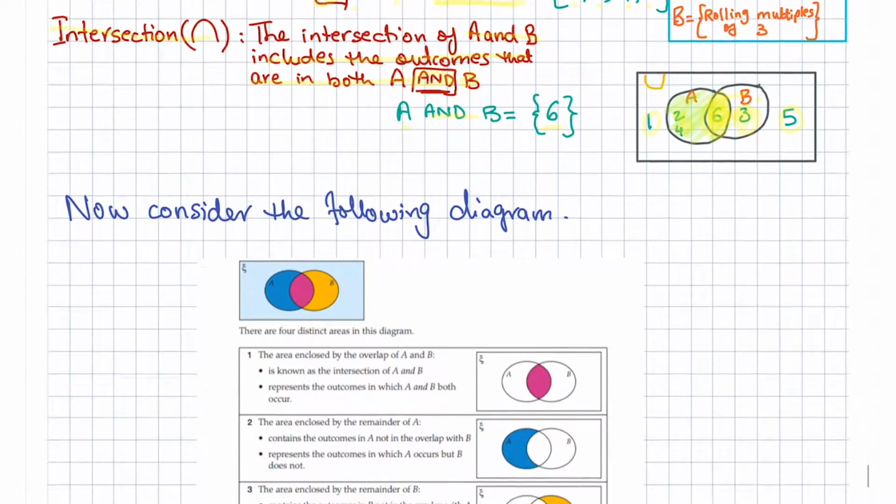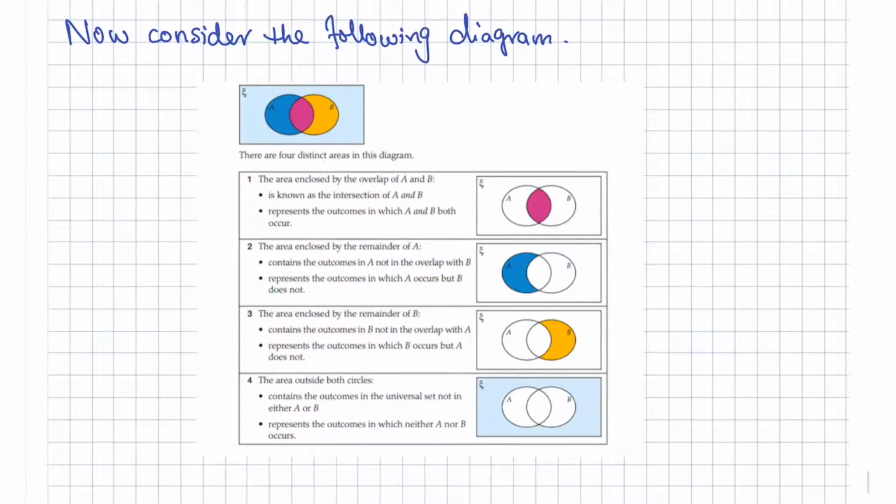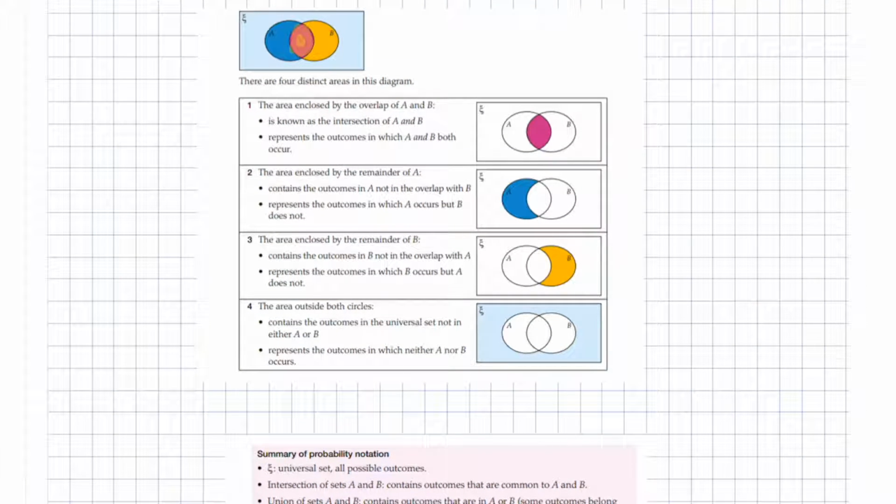So let's consider the following diagram. In this diagram, you have a sample space zeta, and you have two events here, event A and event B. The section in the middle is the intersection of A and B, which means these outcomes are shared by both events A and B. We are going to go through this in great detail.